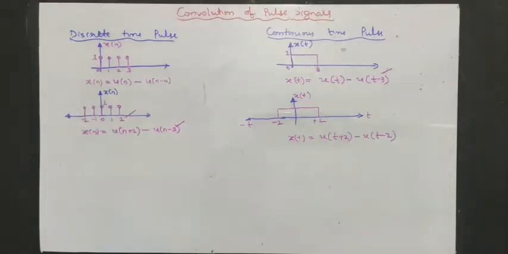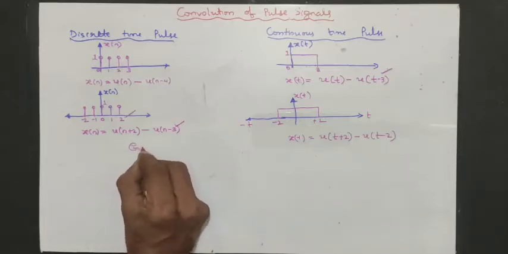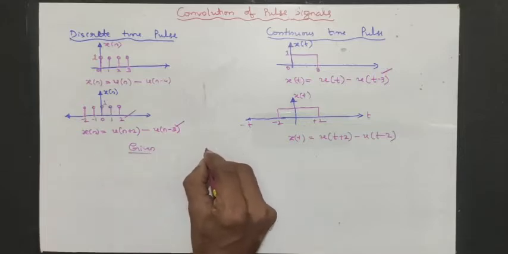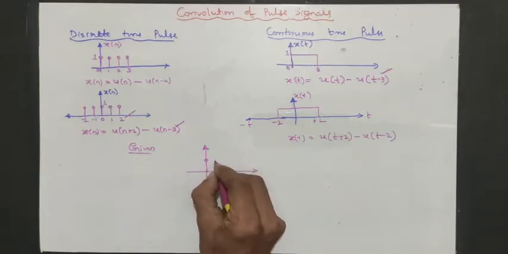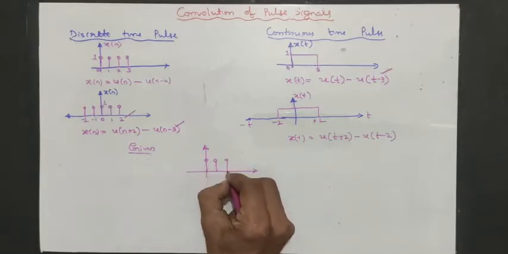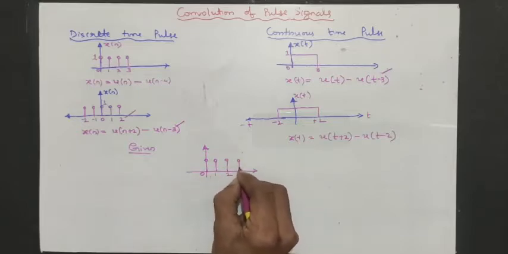Now, this is the first step. In case of convolution of pulse signals, you should know how exactly to write the equation for pulses, and after that you can convolute the signals. How exactly will the problem be? For example, given two signals, say 0, 1, 2, 3.